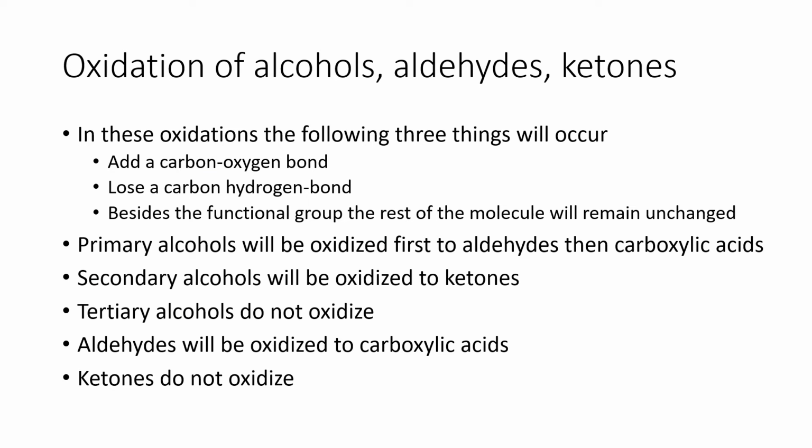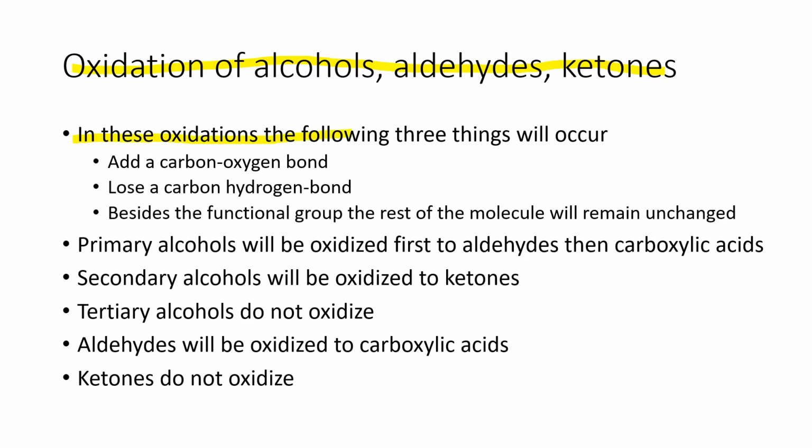Next, we want to look at the oxidation of alcohols, aldehydes, and ketones. In a similar way to what we did for the addition reactions, there are some general things that will happen in every oxidation reaction when we're dealing with alcohols, aldehydes, and ketones.